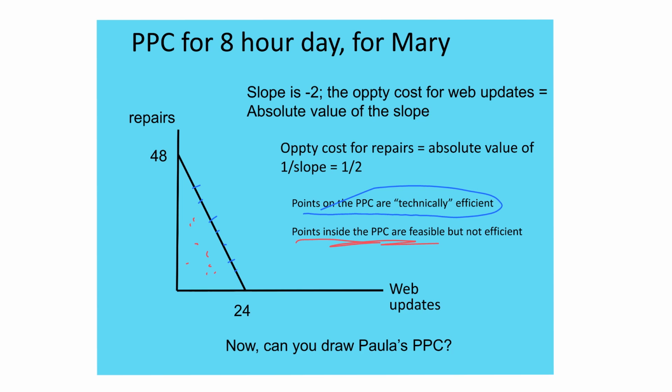You're not using all the resources you have, so you could move out there to become technically efficient. I emphasize technically efficient because later we'll use the term economic efficiency, and that's a different definition. But we'll worry about that later. What the book calls simply efficient, I'm calling technically efficient just to make sure we distinguish that from economic efficiency later on.